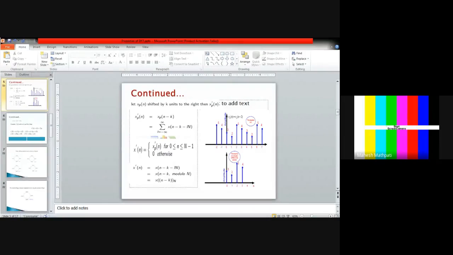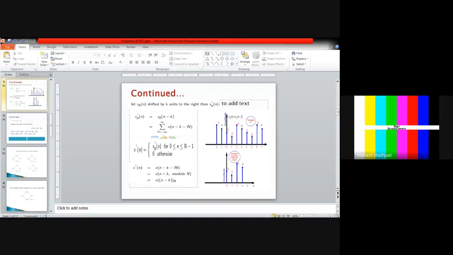So x dash of n equals x of n minus k modulo n. Now take x dash of n with k equals 2 as the shifting value, and n equals 4. In that case, please note down these equations. x dash of n equals x of n minus 2 modulo 4.